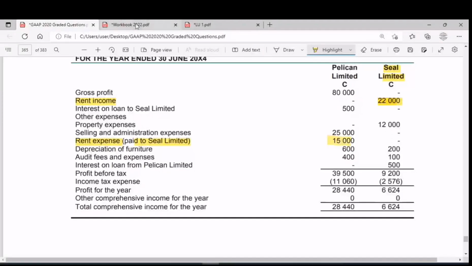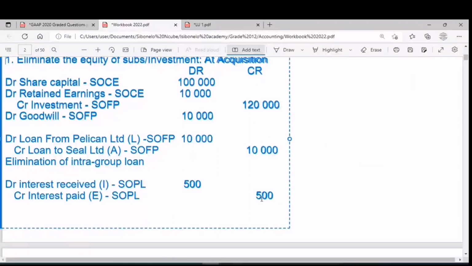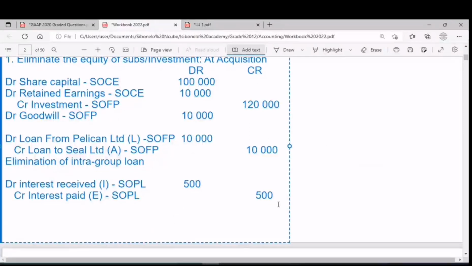So how do we recognize this? It is similar to the previous one. We debit income, rent received. The rent was received by Usil. Rent received is income, and my income affects the statement of profit or loss.